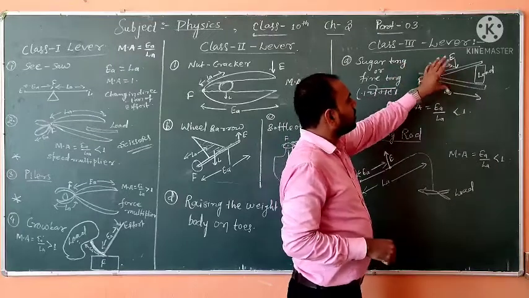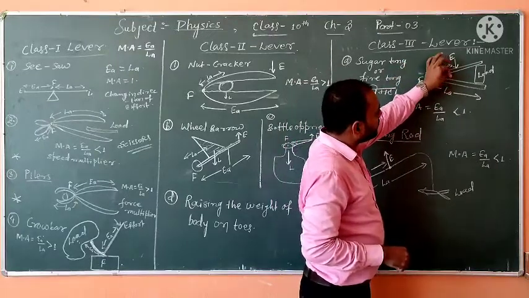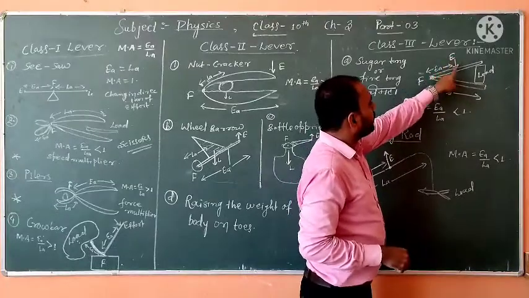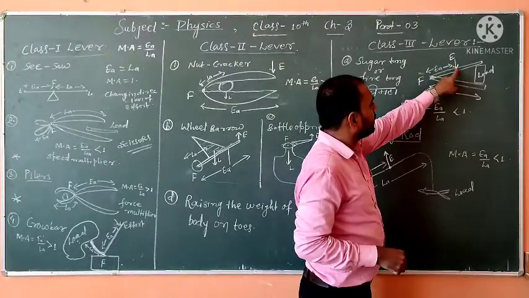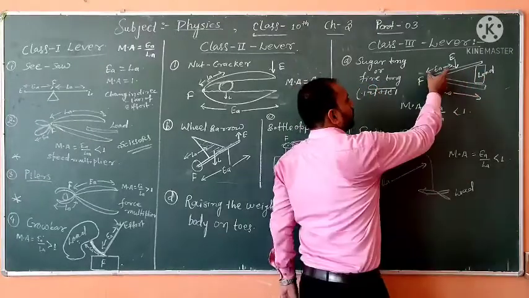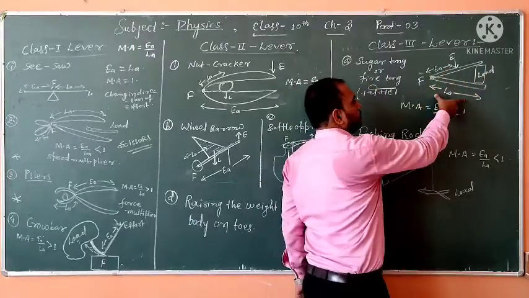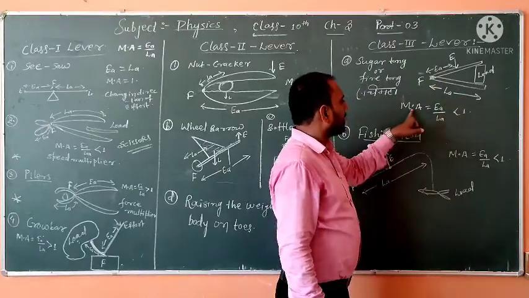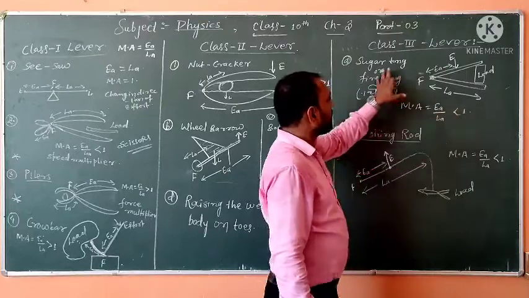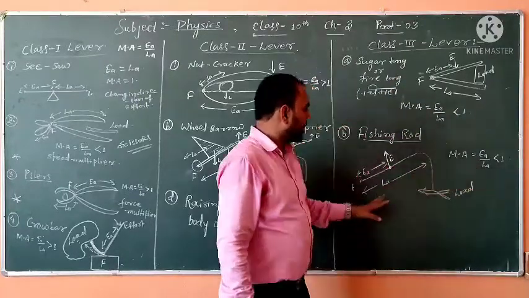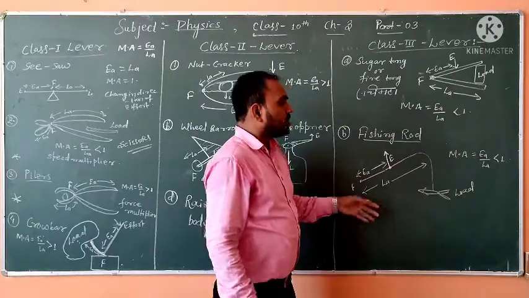We just press here in the middle between the plates, so the effort is in the middle while the load is here and the fulcrum is here. So the effort arm is less than the load arm. Mechanical advantage is less than 1.